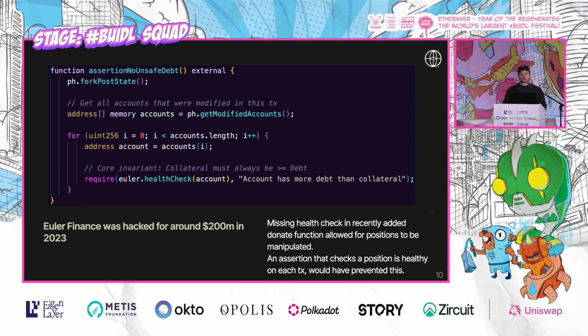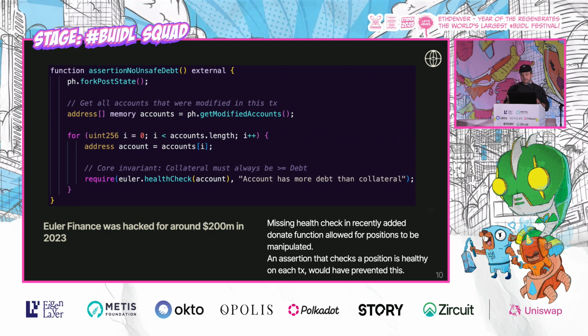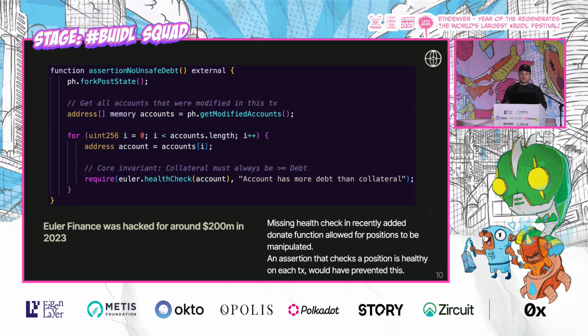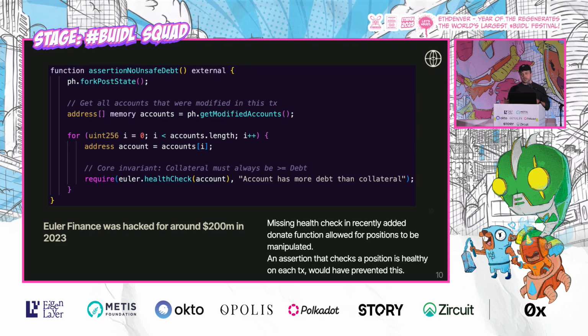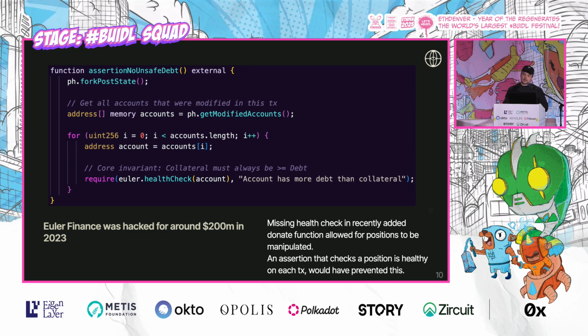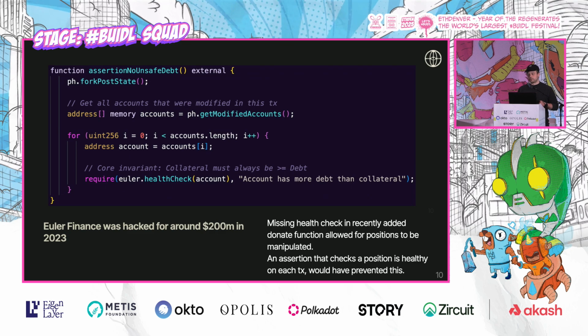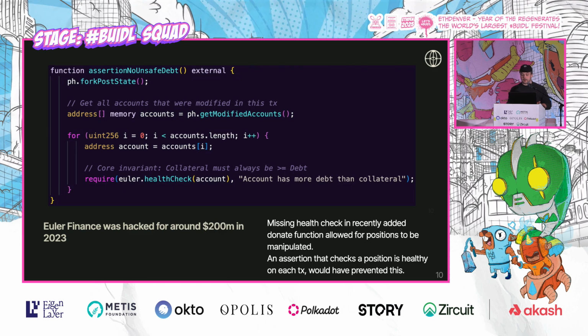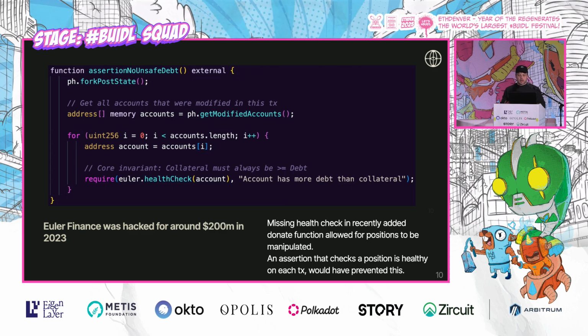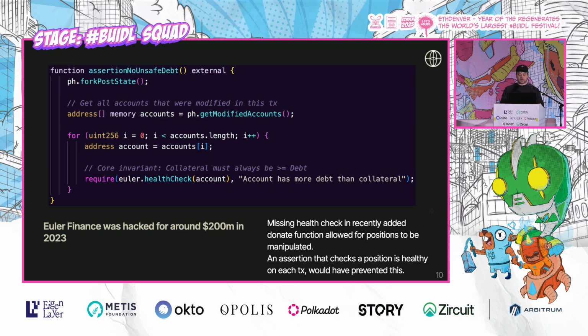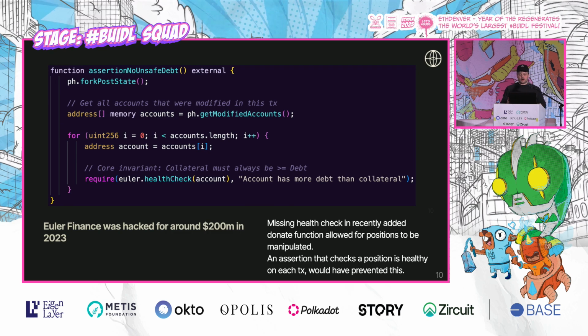So if you had an assertion that would always check this for all positions, then even if you forgot to add this check, the transactions that got the positions underwater would have still been prevented and the hack wouldn't have taken place. So here we have the example of an assertion that just checks for each modified account within a transaction if the position is still healthy.